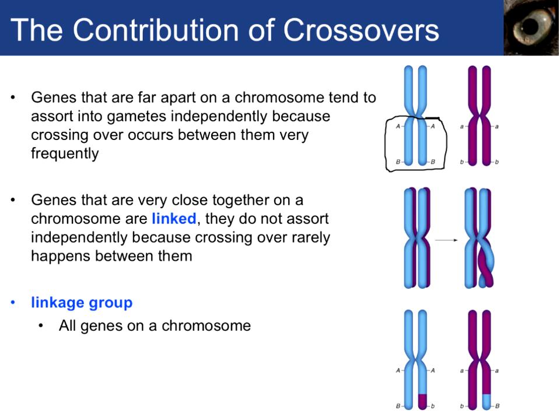So the further the genes are away on these chromosomes, so let's say the genes instead are on opposite ends of the chromosome, you're more likely to have a crossing over event happen between those genes and have those genes assort independently. So the closer the genes are together, the more likely those genes are to sort together between the cells, or into the gamete.